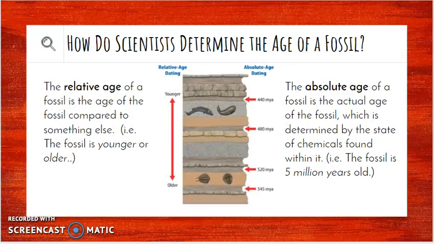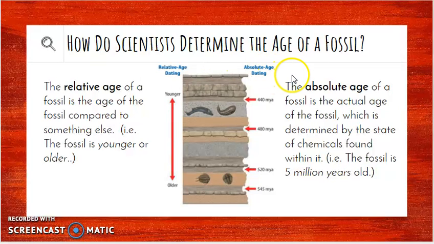Some of how we determine the age of a fossil is looking at two different things. So we can determine how old a fossil is based on where it's found on Earth. The older fossils are deeper, and the newer, younger fossils are closer to the surface. And this can help us determine the relative age of a fossil. How old is it in comparison to another fossil that has been found?